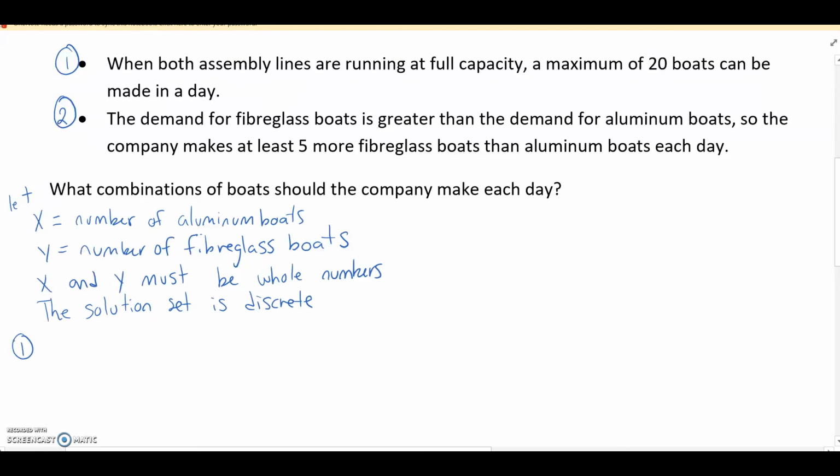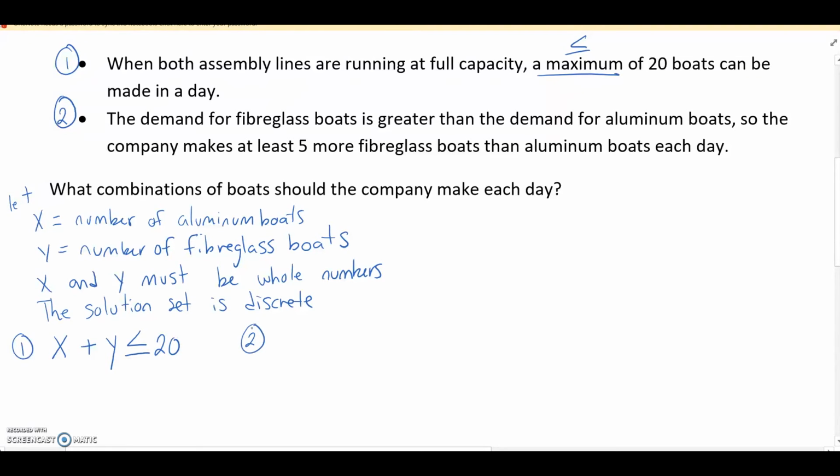So the total number of aluminum boats plus fiberglass boats should give us a maximum of 20 boats. So that means maximum, less than or equal to. So that's what that means there.